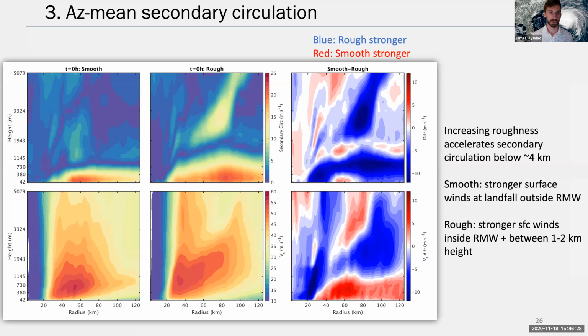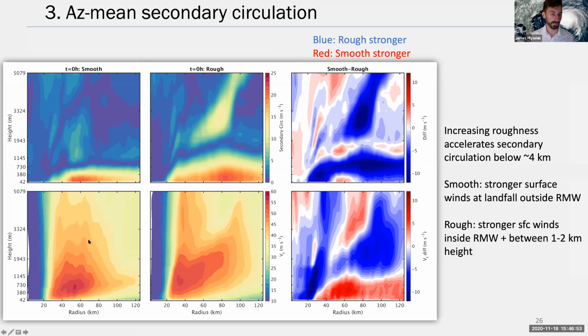So to understand really what's going on and why we see an acceleration of winds, especially within the offshore flow, I've plotted the azimuthal mean secondary circulation for the smooth case, top left, for the rough case in the middle here, and then the smooth minus rough on the right here. So blue just means rough is stronger, red means smooth is stronger.